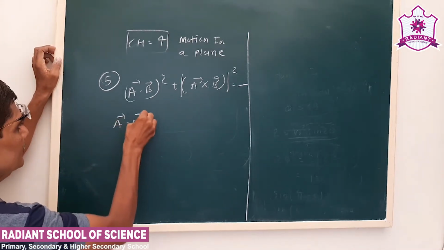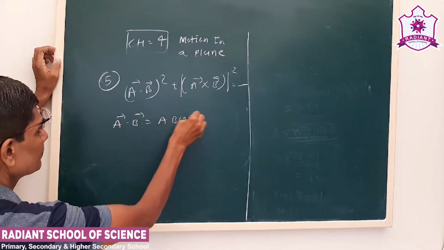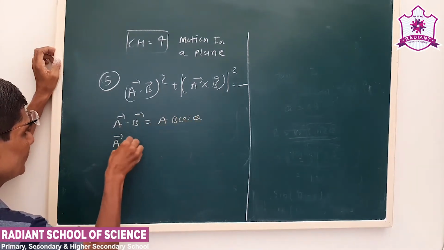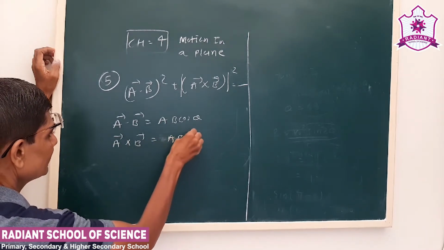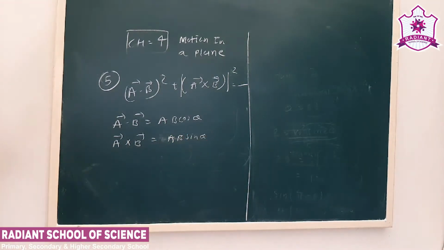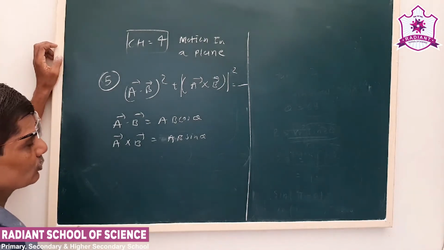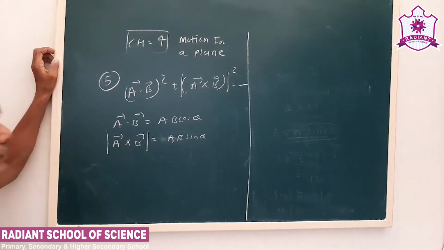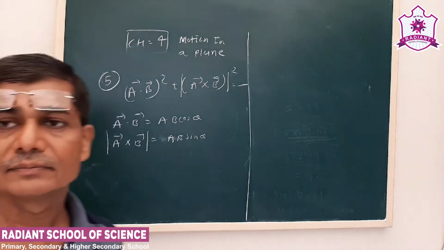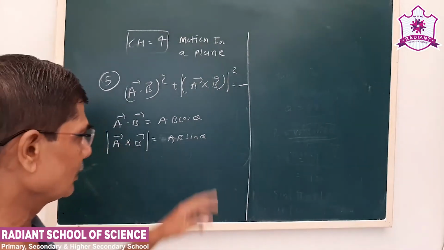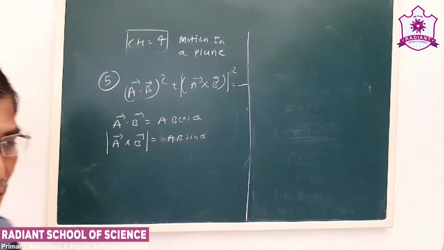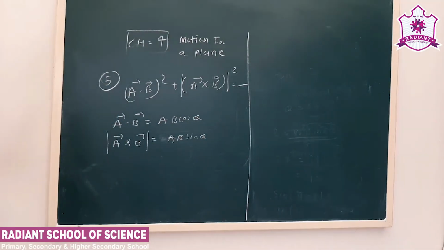A dot B is AB cos theta and A cross B is AB sin theta. It is in the form of magnitude only. Why? Because in the vector product we should know about the direction, but right now it is given in terms of modulus. So what does this mean? It is in terms of the magnitude only.